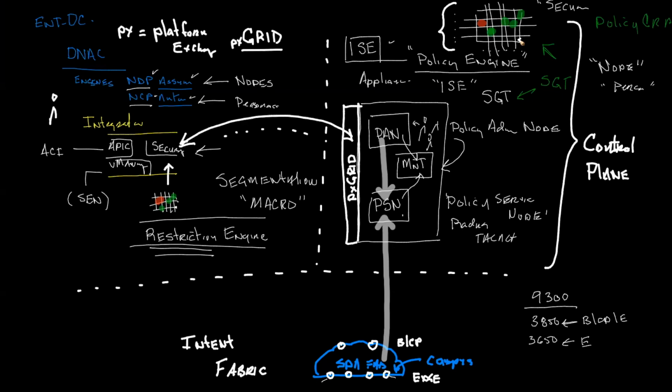Now, the reason that this is important is one, it sets it up such that I, as the network administrator of the DNAC and the associated fabric, can actually make changes to the grid from the graphical user interface of the DNAC rather than having to interact with the ISE engine.